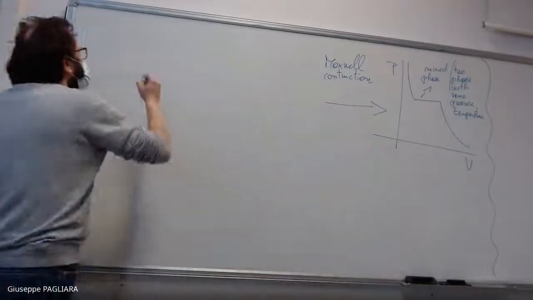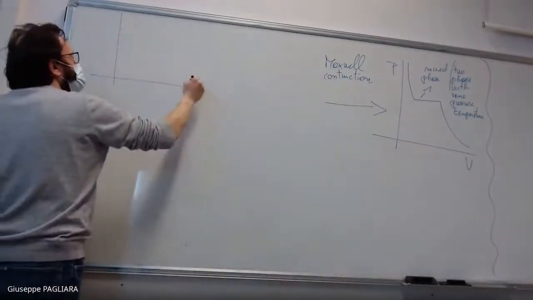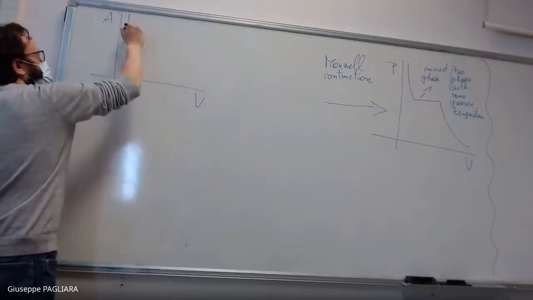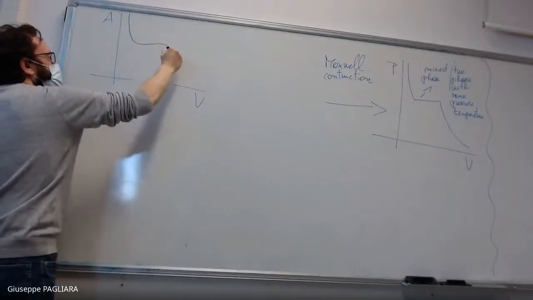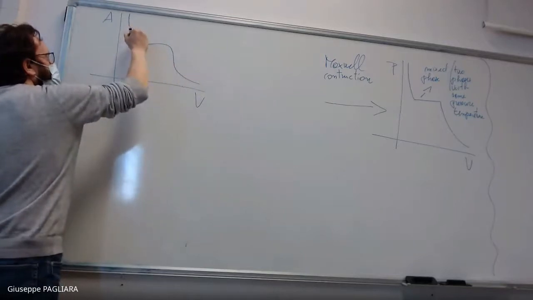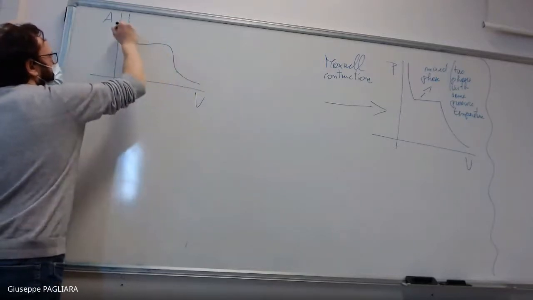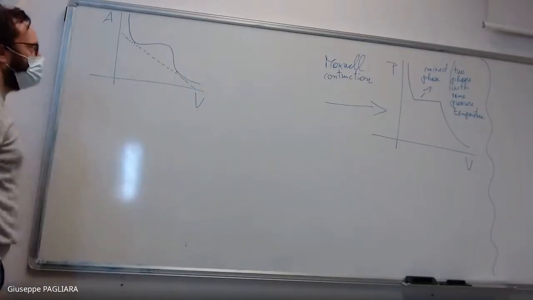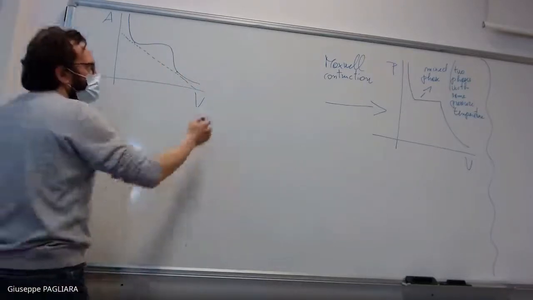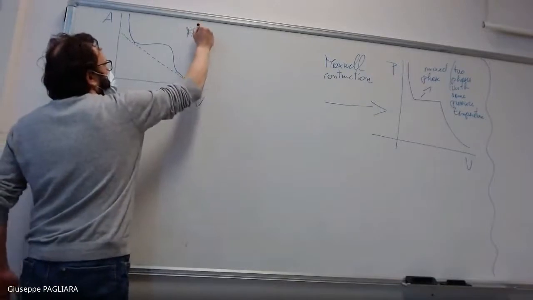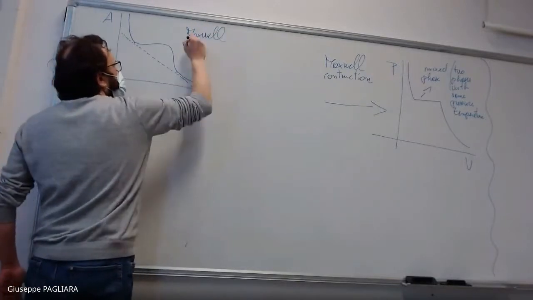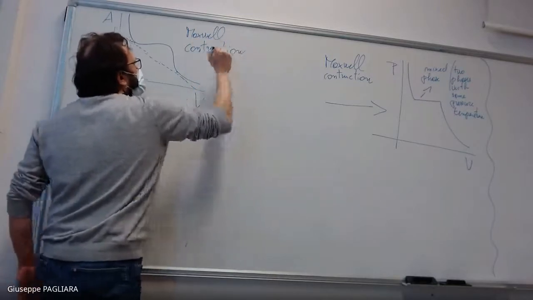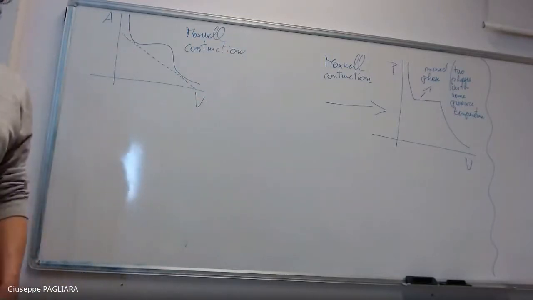The diagram of A, so the Helmholtz free energy, as a function of the volume, and we said it looks something like that, where the 2 points corresponding to the mixed phase are those points here. So here it should be tangent. So this is again a Maxwell construction, but in the diagram A versus V.